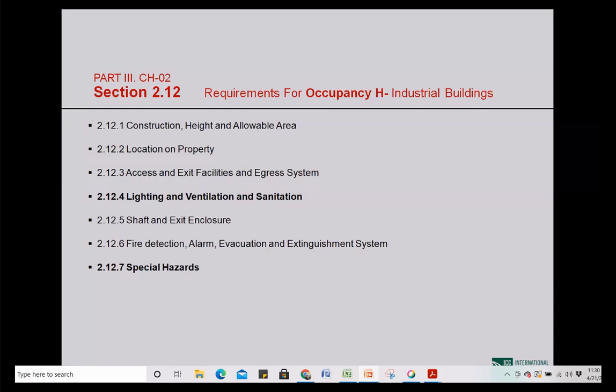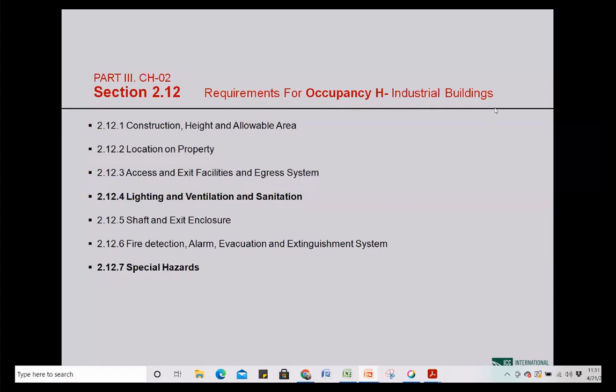For occupancy H, industrial building, as you can see, we have highlighted a few sections and subsections. One is lighting, ventilation, and sanitation. The other is separation, special hazard. Probably there is a mistake here in the title. It's not industrial building. Occupancy H is for storage.